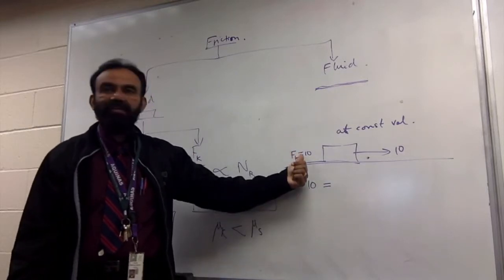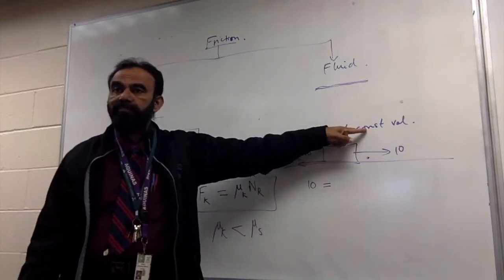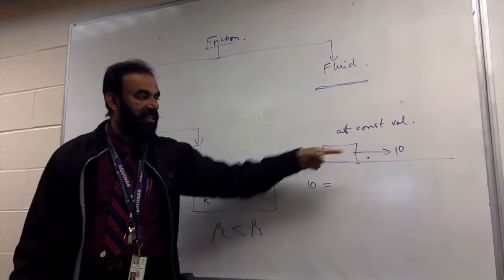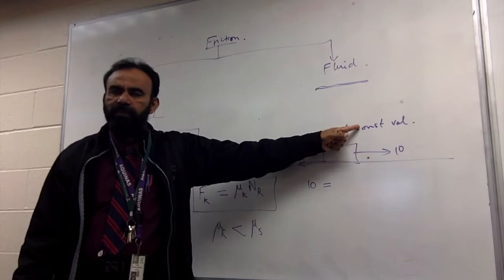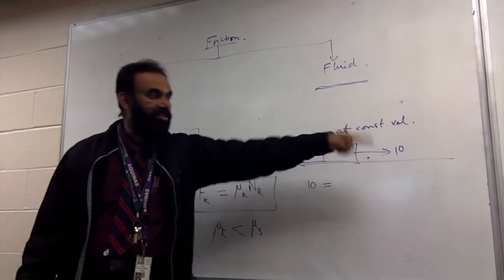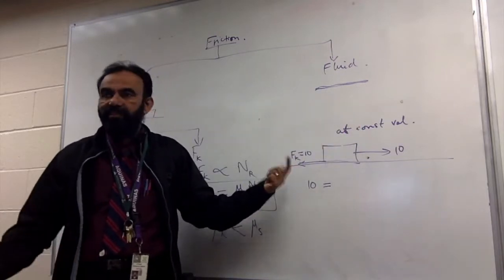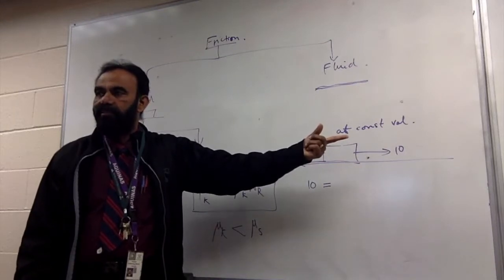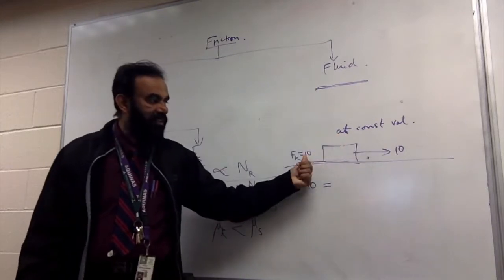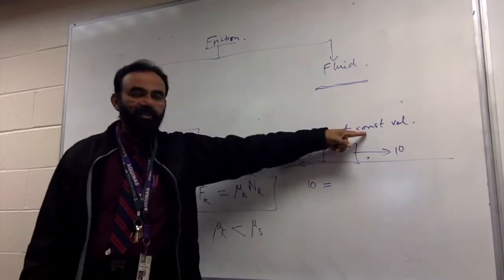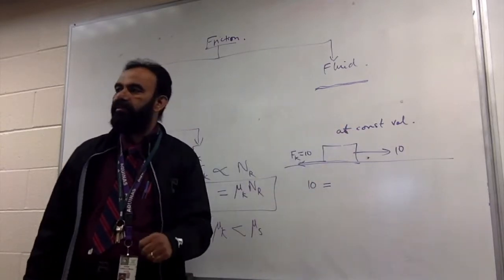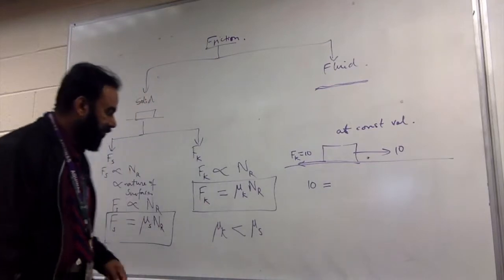If this was less than 10 when I applied 10, it should have accelerated, because 10 and 8 or something like that, it will be accelerating. You understand? If I'm applying 10 and if this is like 12 or something, it will decelerate. From this velocity, it will slow down until it comes to halt.